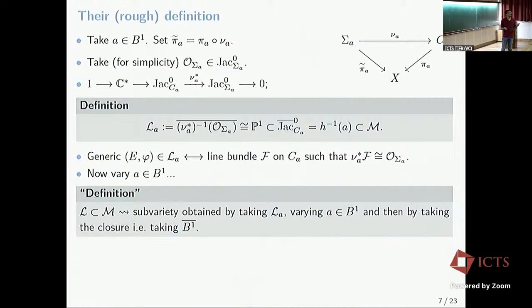What I mean is that I have things in the boundary which are not in B1, right? You can deform a spectral curve into something that's. Yes. Yeah, okay.